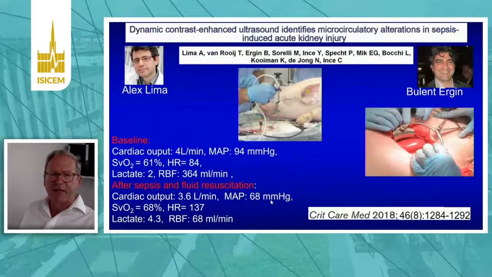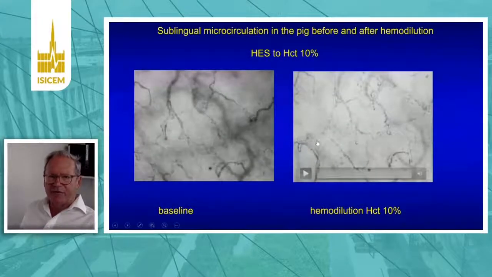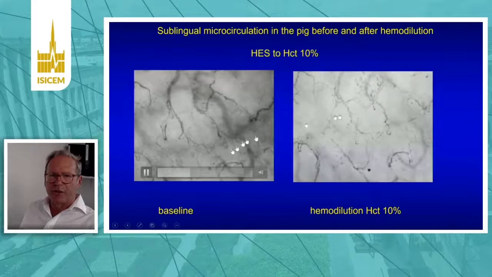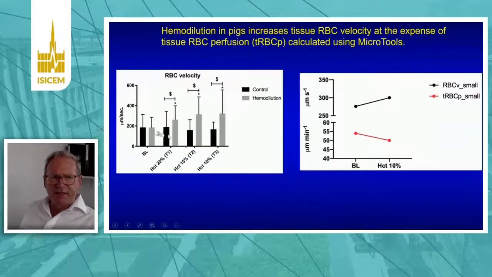And we applied this in this particular pig model during hemodilution. Here we can see before and after the hemodilution, actually showing the reduction in the fluids. And with my final slide, we see here that as you hemodilute and the viscosity goes down, the increase in red blood cell velocity is evident, and you would expect more perfusion.